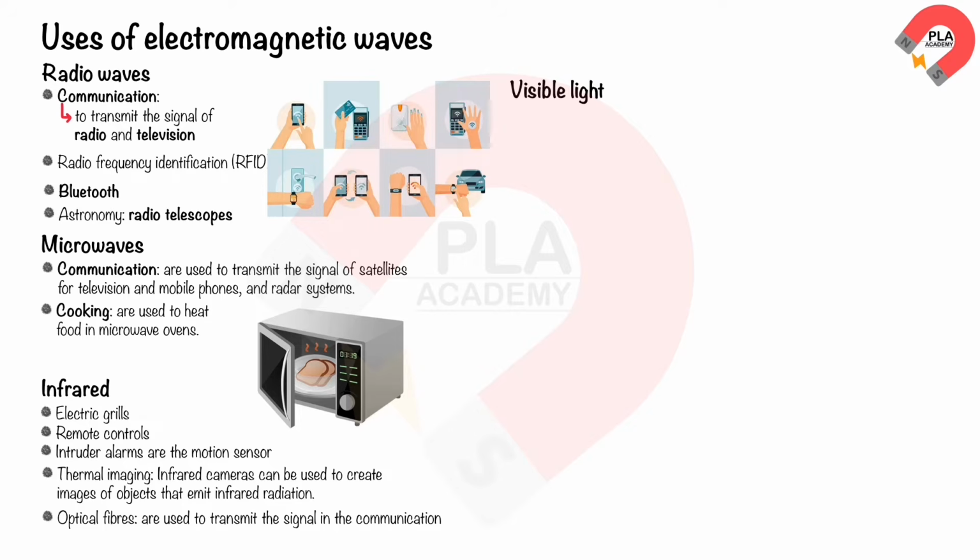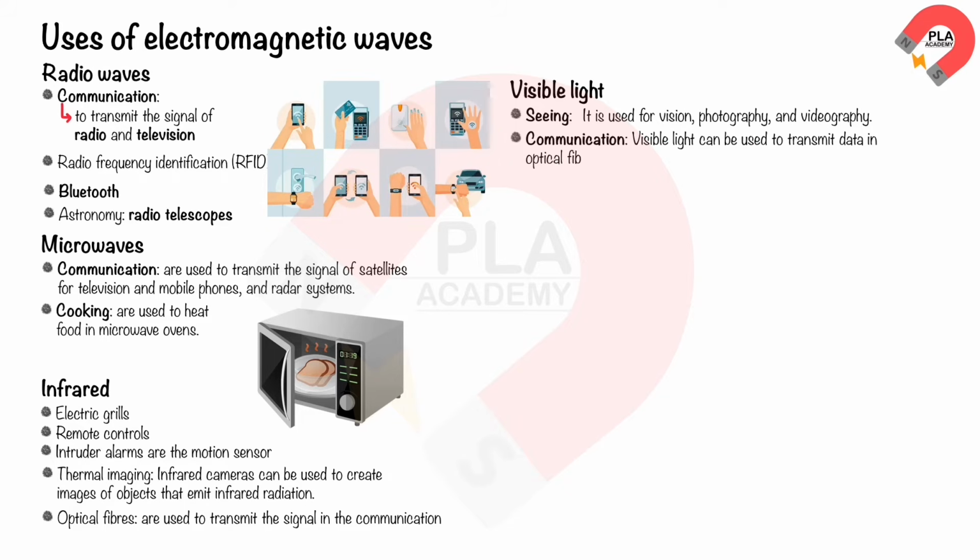Visible light. Seeing. Visible light is the part of the electromagnetic spectrum that can be detected by the human eye. It is used for vision, photography, and videography. Communication. Visible light can be used to transmit data in optical fibers. Ultraviolet. Fluorescence. Some substances glow when they are exposed to ultraviolet light.